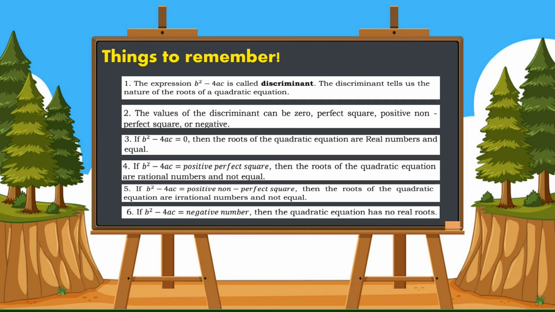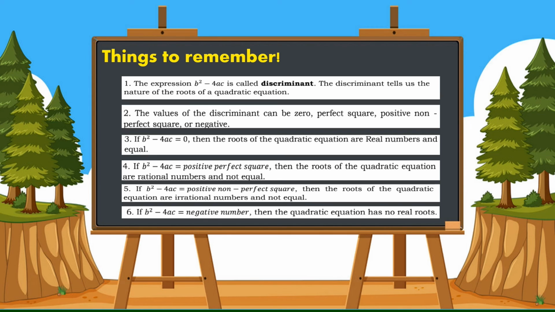If b squared minus 4ac is equal to 0, then the roots of the quadratic equation are real numbers and equal. If b squared minus 4ac is equal to a positive perfect square, then the roots of the quadratic equation are rational numbers and not equal.